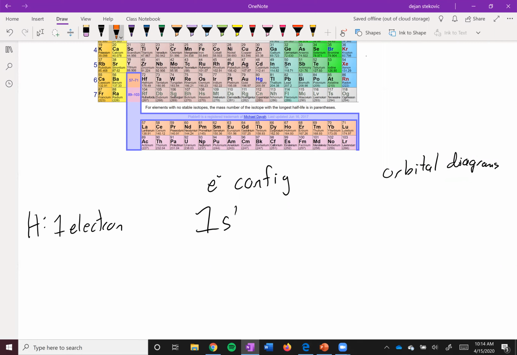So let's go over what this means. This first one is your n, so n is equal to 1 here. This letter is the letter designation of l. So l in this case is equal to 0, so it's s. And then this superscript number is the number of electrons in that orbital. We only have 1 here, so it's just 1.